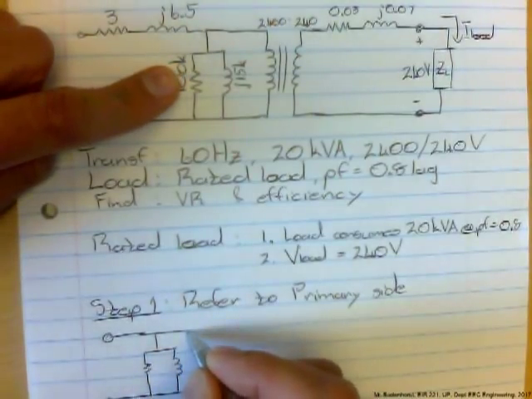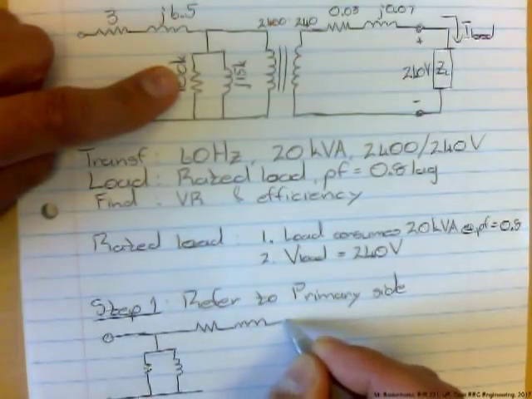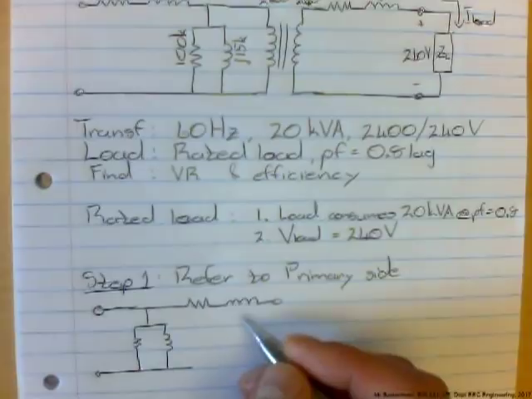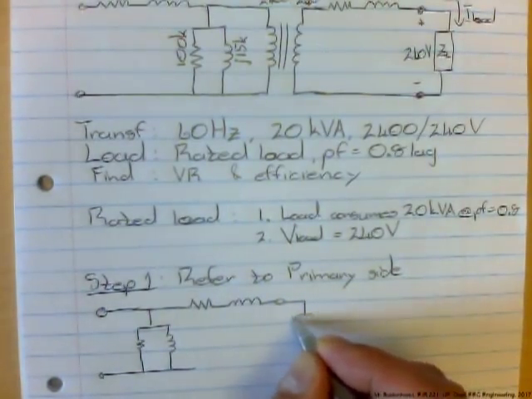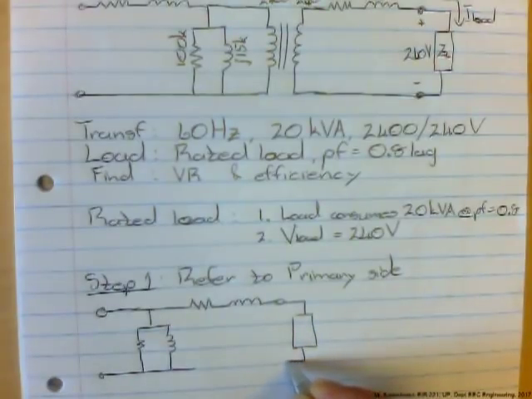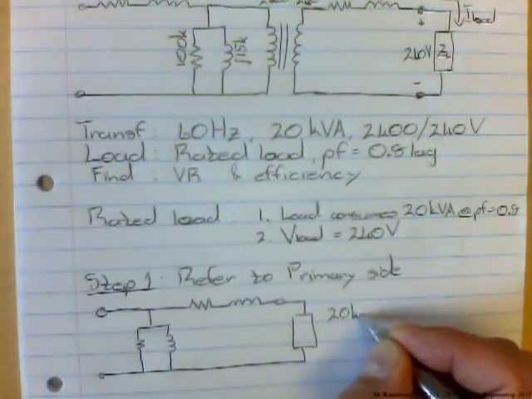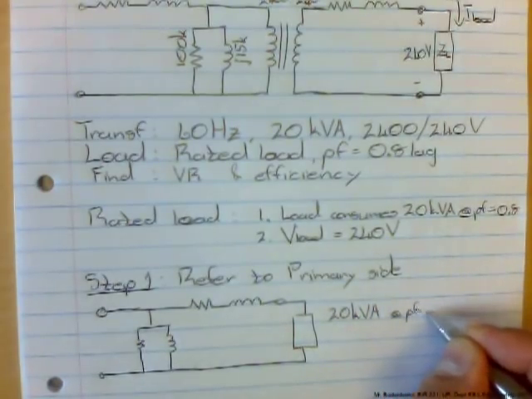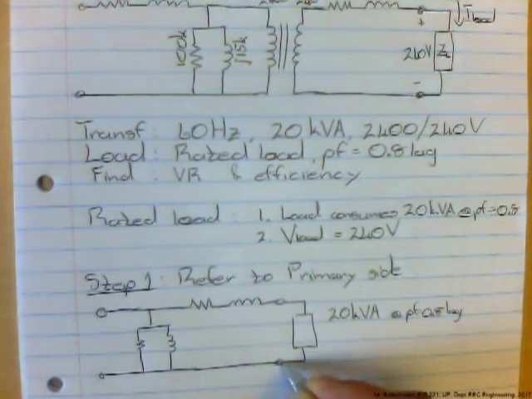And then we are going to combine the primary and the secondary impedances into R equivalent and X equivalent, and then we're going to have our load, which is still at 20 kVA and power factor equals 0.8 lagging. Right there, so now I've got my transformer terminals over there.